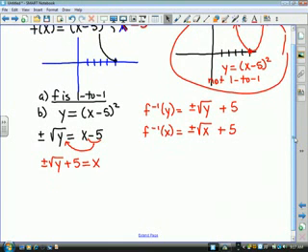Okay. Now we know we can't have two answers because you've got a positive answer and a negative answer. You should know that can't be right. So you've got to decide, okay, is this the answer or is this the answer?